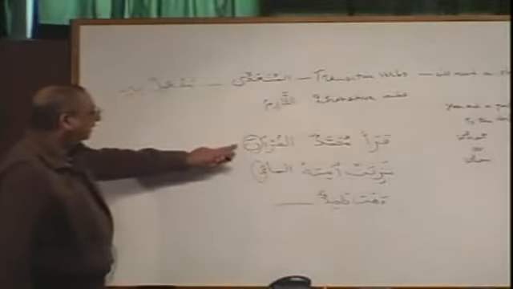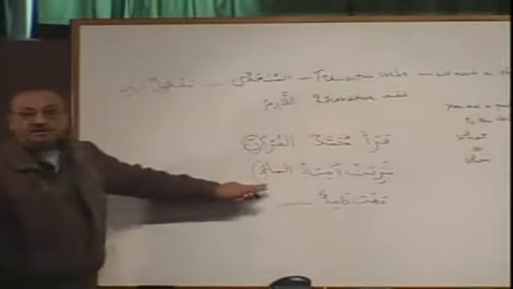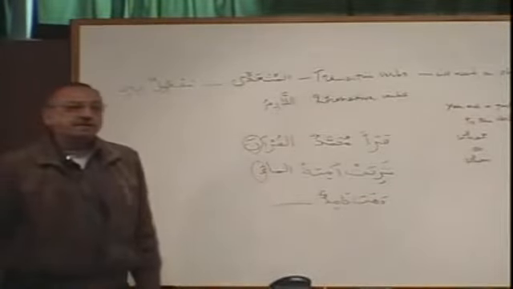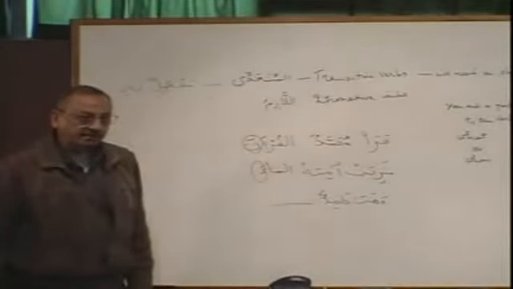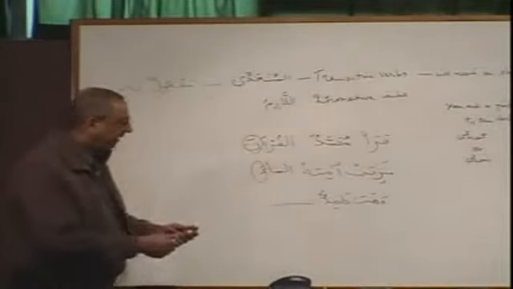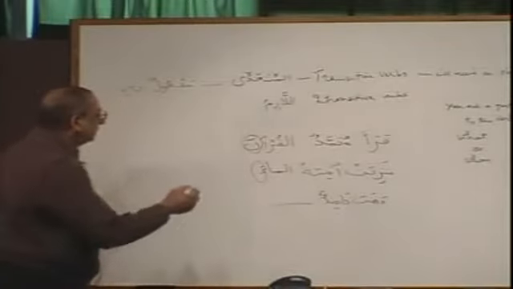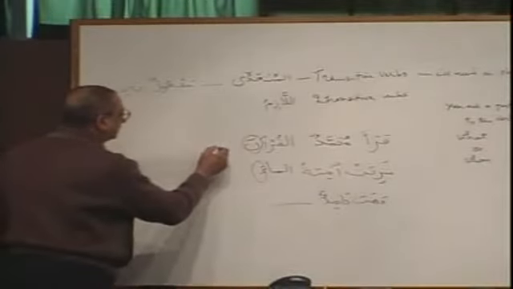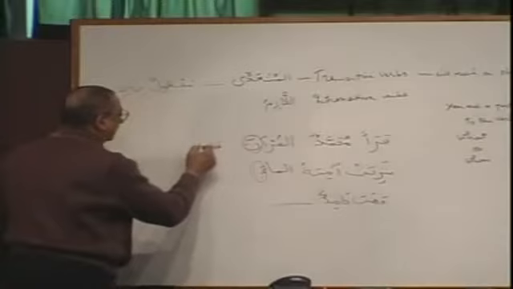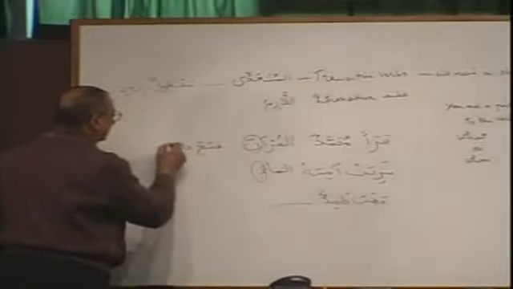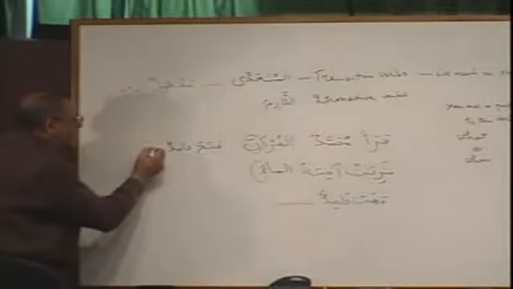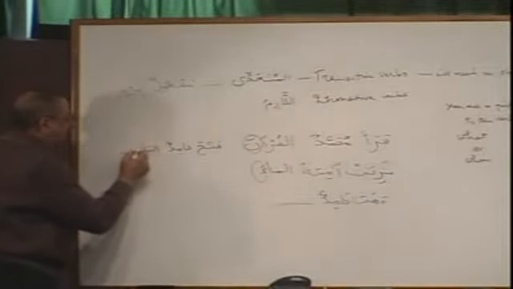Okay. Now, here, Qur'ana and al-ma'a is maf'ulun bihi. Sahi? It is maf'ulun bihi. Now, if I say to you, Fataha Hamidun, okay, al-baba.